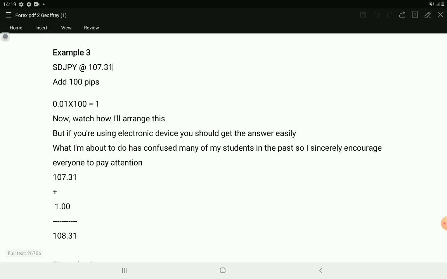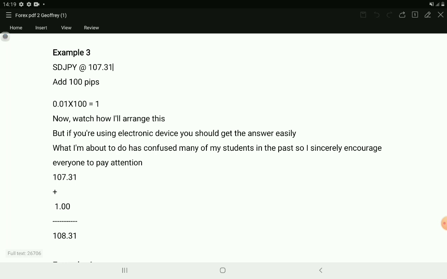That's how it goes. It's not like a normal calculation. In a normal calculation, if you add 100 to this, it will be 207.31. But we are calculating from the number after the decimal point, right? So you keep adding 2, 3, 4, 5, 6, 7, 8, 9. Once it goes to 10, you round it, and this 3 becomes 4. Ten has gone, remaining 90.